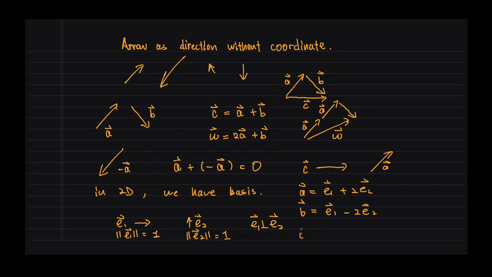Then if you substitute them into this equation, it's easy to get C equal to E2, E1, and these two get cancelled out. So that concludes that in 2D, we can describe any direction with the basis we define, which has two arrows pointing in different directions.